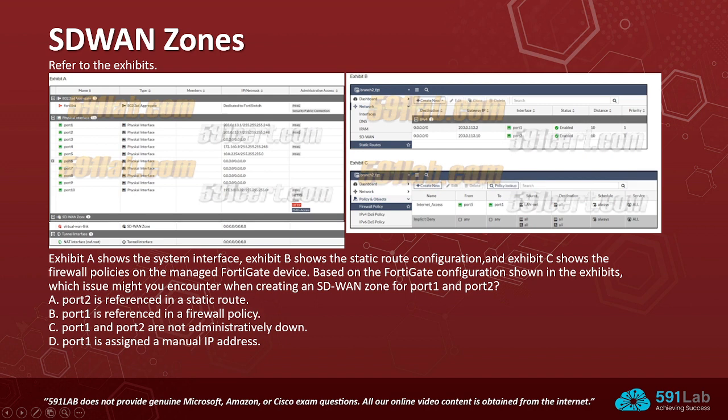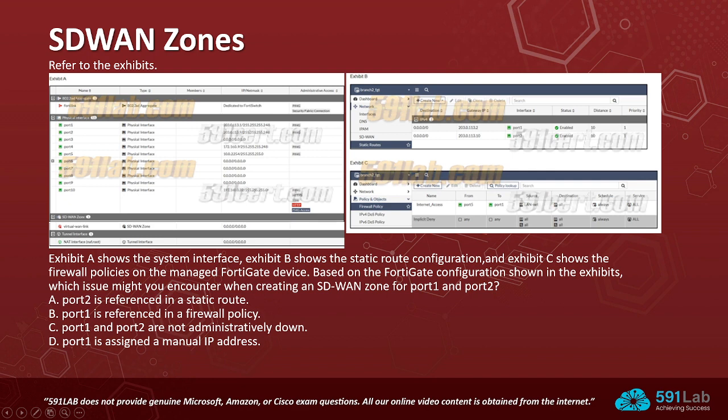For the next one, we have SD-WAN zones, and we have exhibits where one shows the system interface, and the other one shows the static route configuration. The other shows the firewall policies on the managed FortiGate device based on the FortiGate configuration shown in the exhibit.